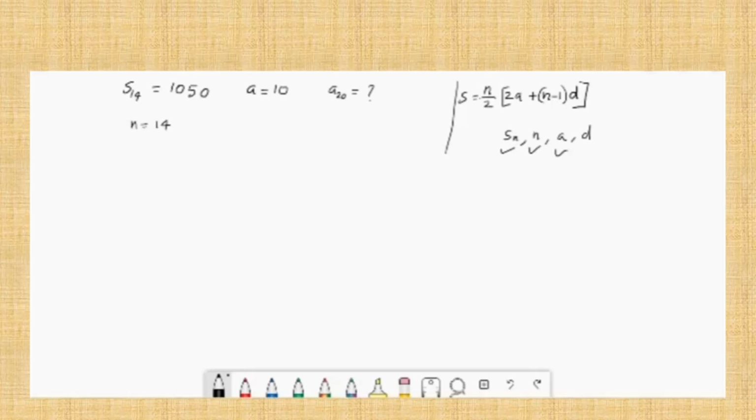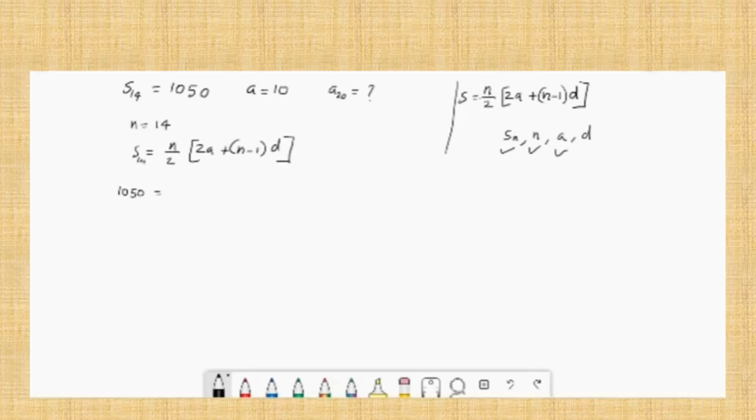So we start with our formula: S is equal to n by 2 into 2a plus n minus 1 d. So we can substitute the values given. In the next step we can write S14, which we copy here, 1050, is equal to n by 2.